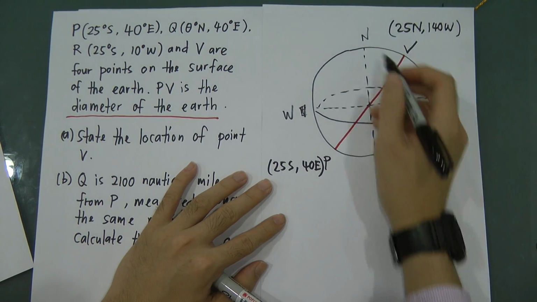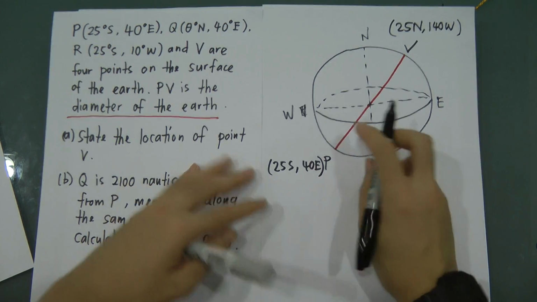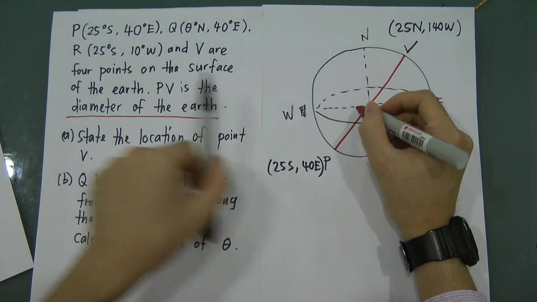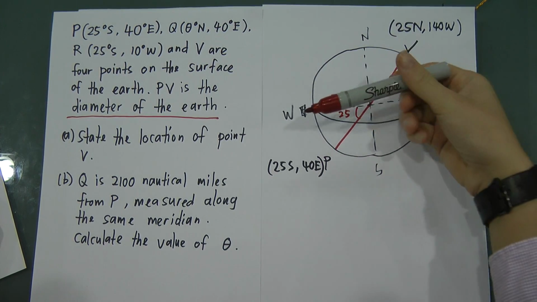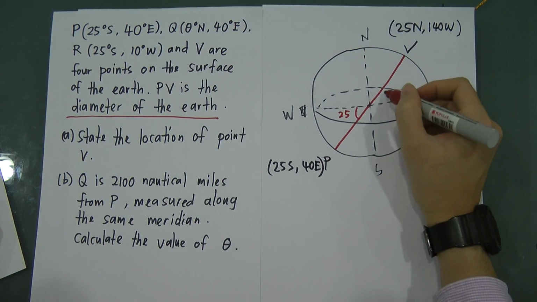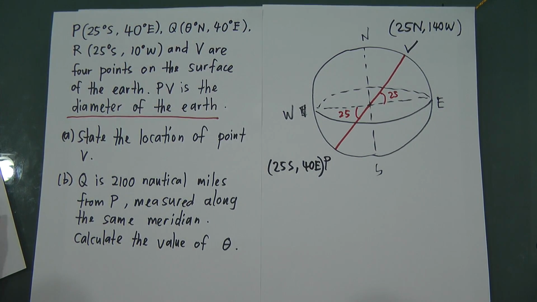This will be the location of V. It's very simple, because if this is 25 degrees to the south, here will be 25 degrees to the north.